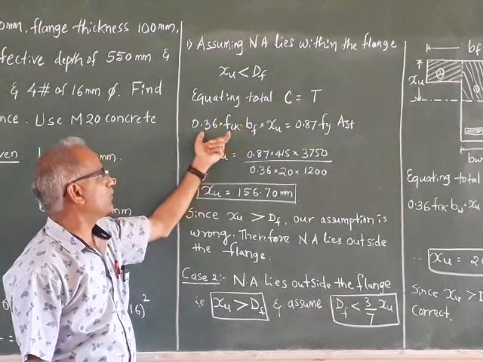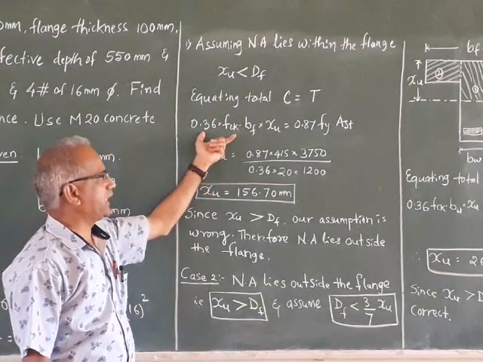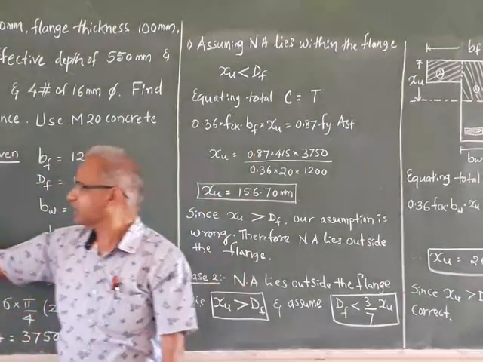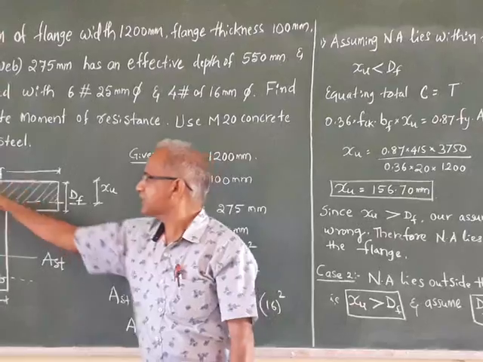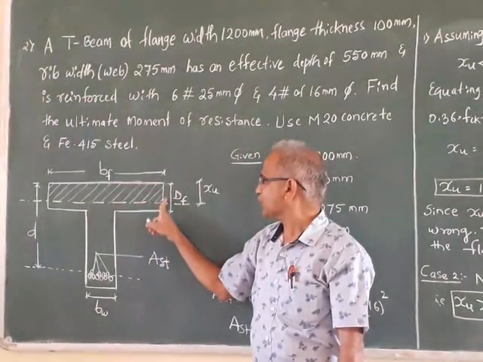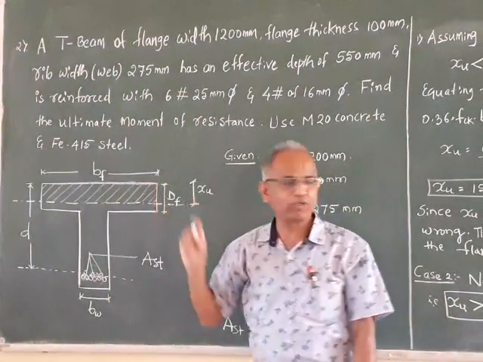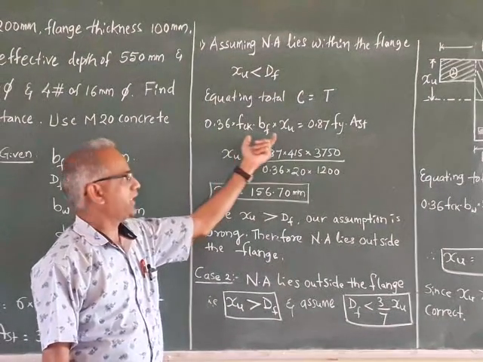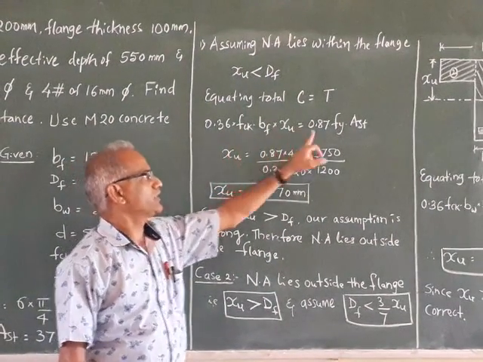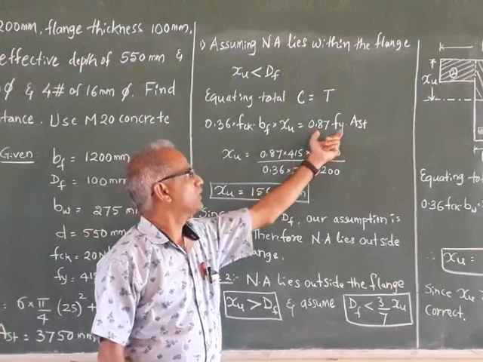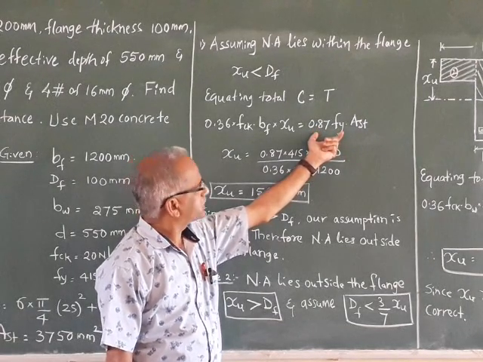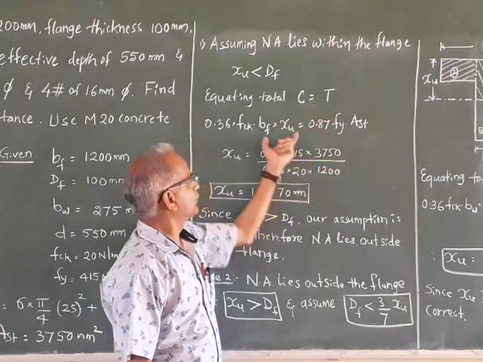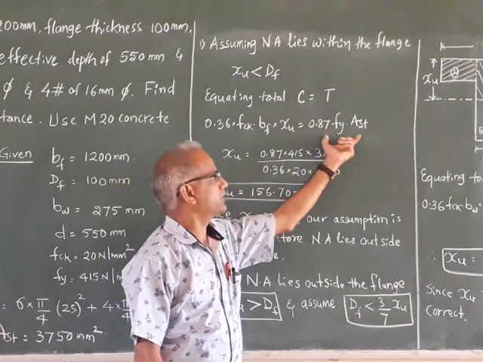The stress is 0.36 FCK, and the area of this compression zone is BF into XU. Similarly, in the steel, the stress is 0.87 Fy and the area of steel is AST. So this is total C and this is total T.